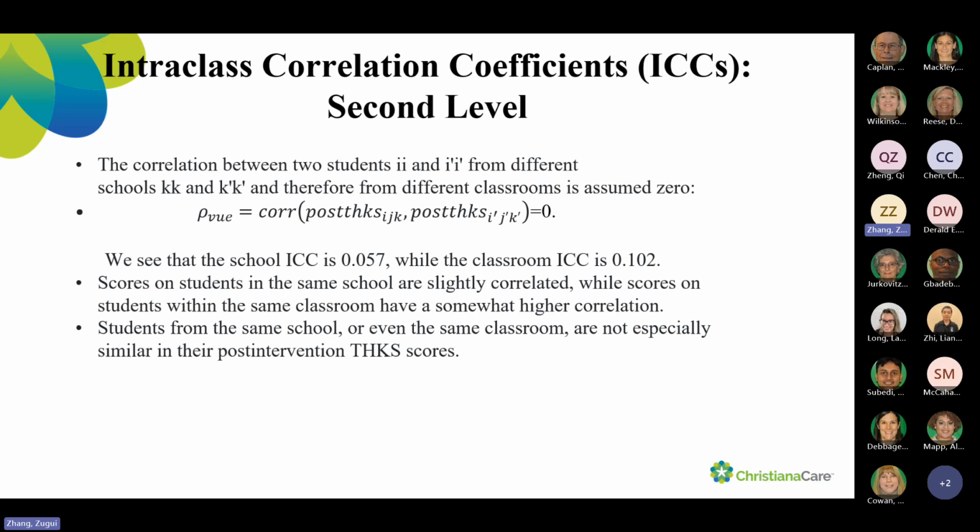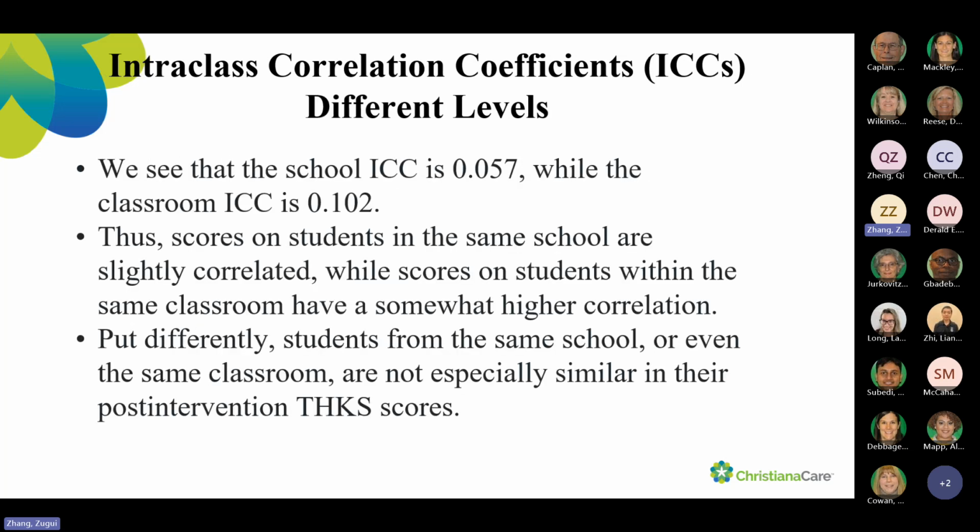Students from the same school, even in the same classroom, are not especially similar in the intervention outcome. So for the results of the science scores, the major part is due to the students' differences. The classroom and the school have about a 5% impact, but not too much. We see the school ICC is 0.057 and the classroom is 0.1, about 10%.